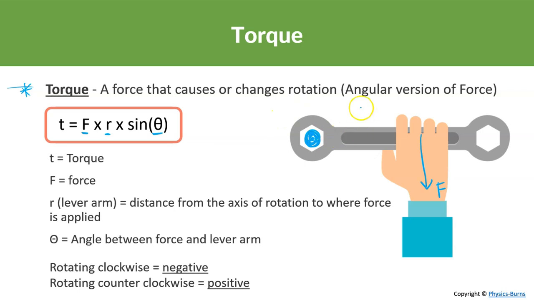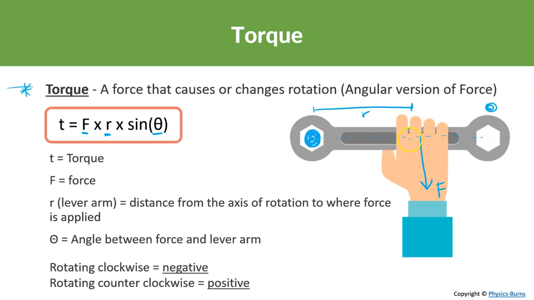And then the radius. So the further we are, if we're all the way over here, we're going to be putting more torque onto the wrench. That's why, if you've loosened a bolt, all the way at the end is going to give you more power. And then the sine of theta, so depending on the angle we pull at. Right now, the lever arm is right here.